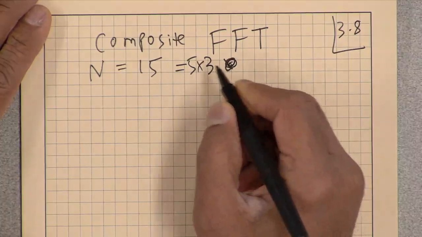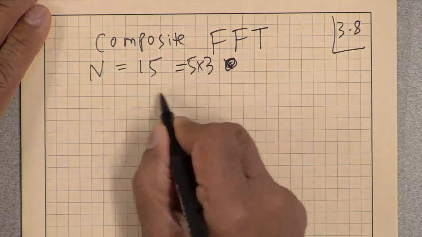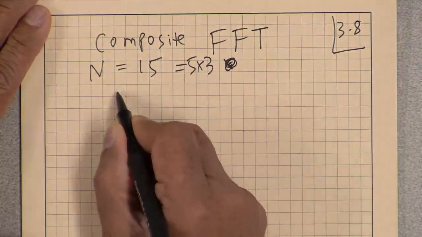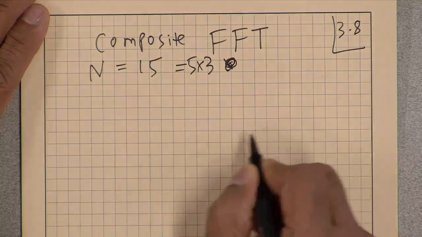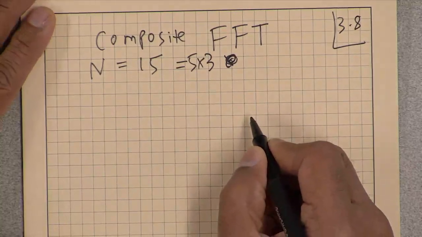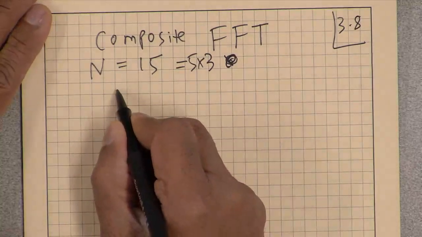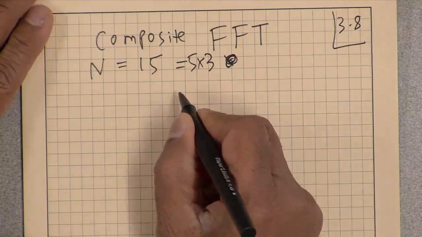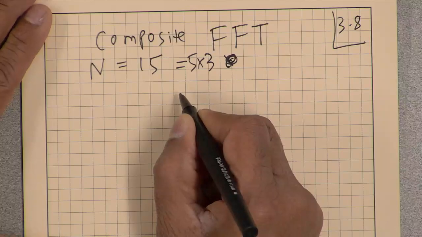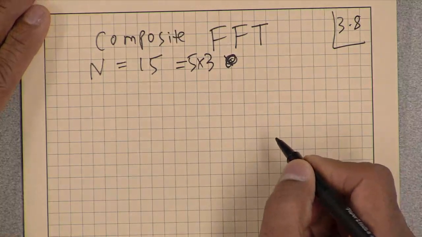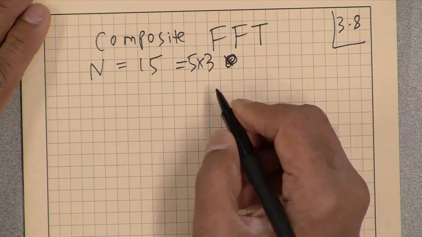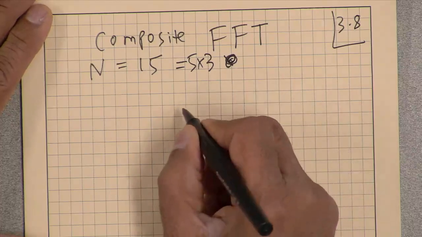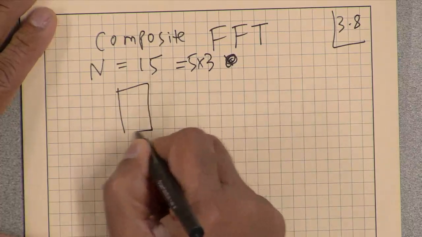So in general, P times Q. We will talk about the derivation and see what that means. But basically this is what it is. So if we have a 15-point DFT and I want to describe that using 5-point DFTs and 3-point DFTs, okay?